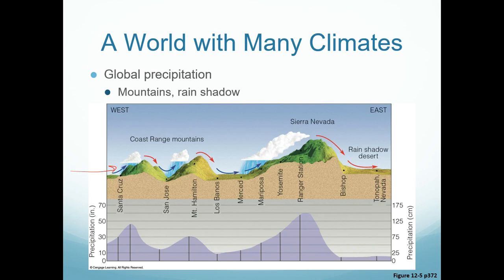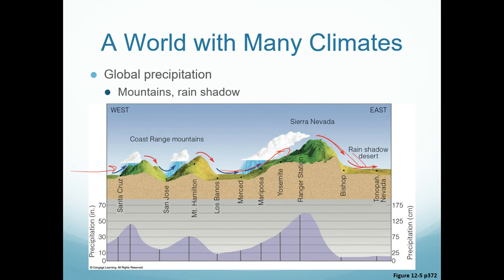You get some condensation, produce clouds, produce precipitation over each of these small ranges. And then the air continues and hits the Sierra Nevadas and really starts to produce a lot of precipitation. And then on the backside, you end up in a rain shadow.